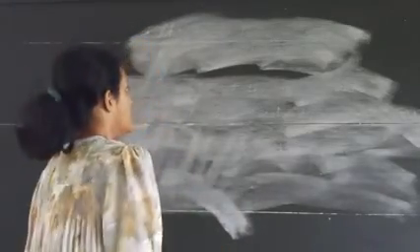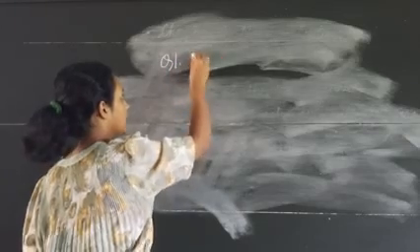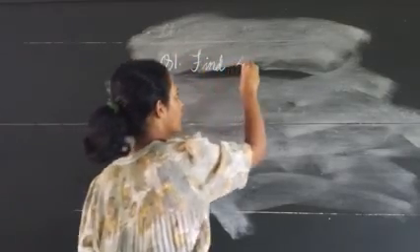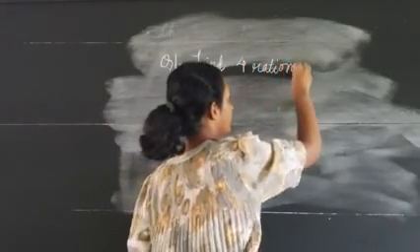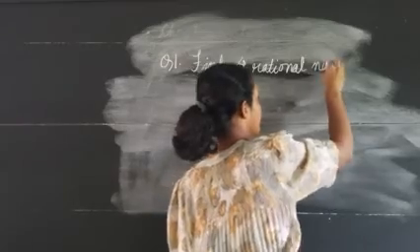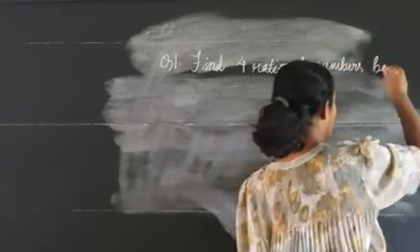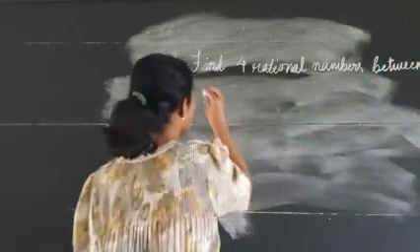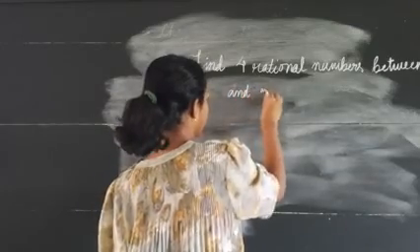Okay, so the first question: let's try to find 4 rational numbers between 3 and 5.